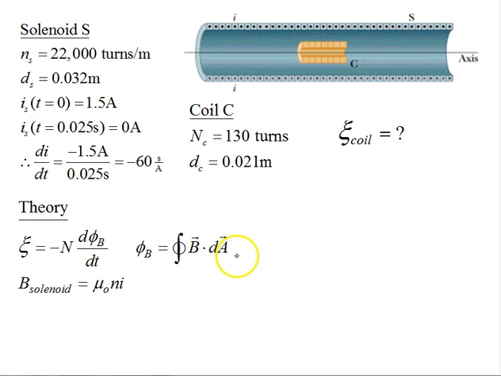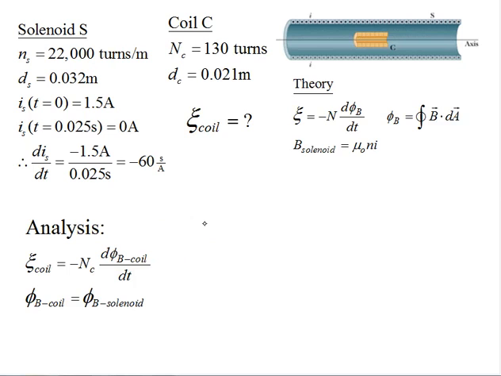We're given the diameter of the solenoid, so we can determine what we need. This is going to be for the coil, so we're given the diameter of the coil. That's what we're going to need, and then we'll be able to use our givens to solve, and we need to find our d flux dt we talked about in our last page.